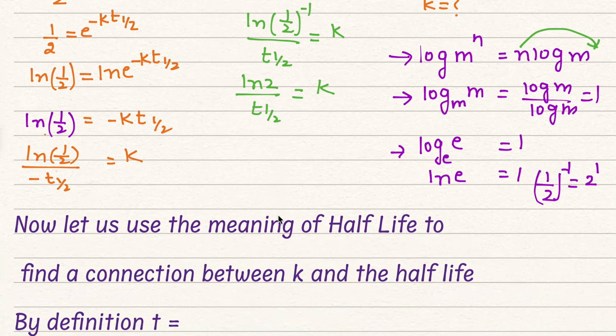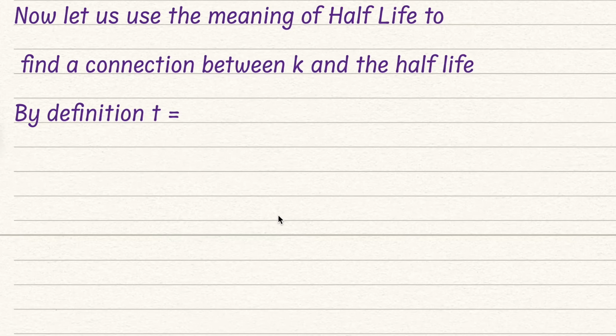Now we will derive the direct formula of half-life and find a connection between k and the half-life definition. By definition, t is actually the half-life of that substance. Now the general formula for exponential decay is A, the final amount, is equal to A naught, the initial amount, times e raised to the power negative kt.